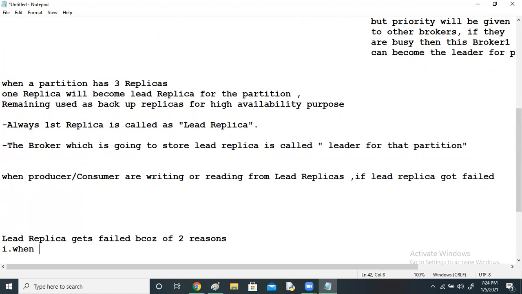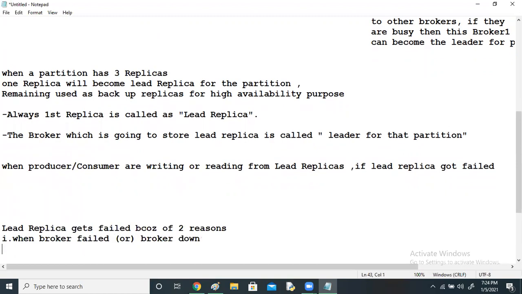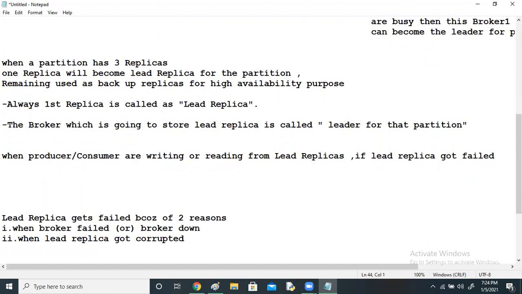First, when the broker failed or the broker is down. Second, when the lead replica got corrupted.